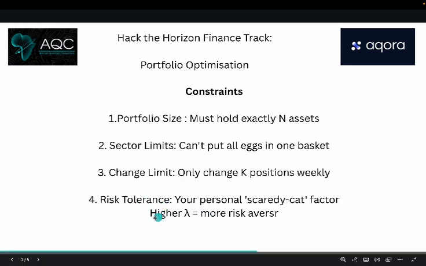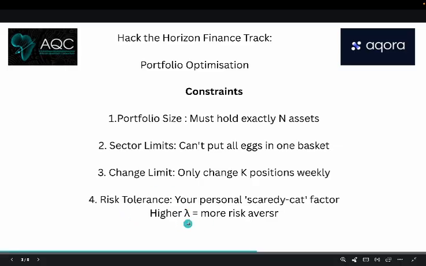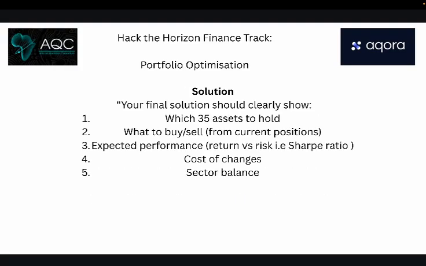I've also mentioned the risk tolerance that you have in terms of your lambda. The higher the lambda, the more risk averse you are. Now, for the expected solution, what we want you to send is which 35 assets you will act on, which will give us the highest returns. Which ones will you buy, or which ones will you sell?